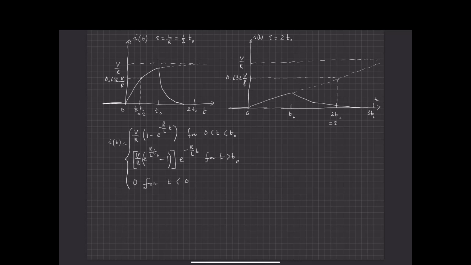You see what I'm saying? So later on, we are going to learn how to deal with situations in which the response is different from the forcing function. All right?